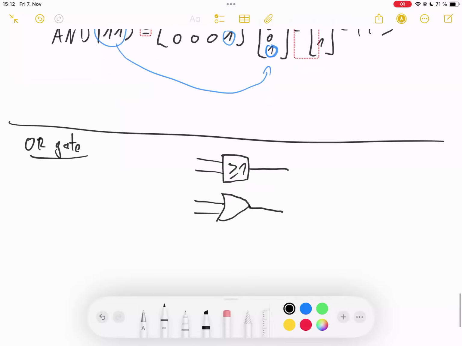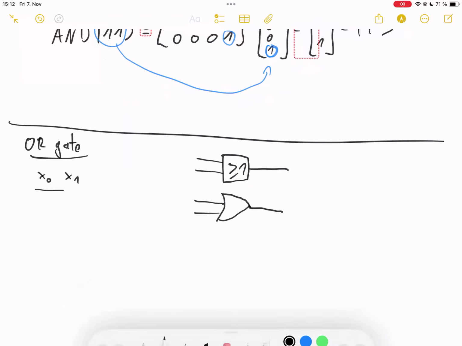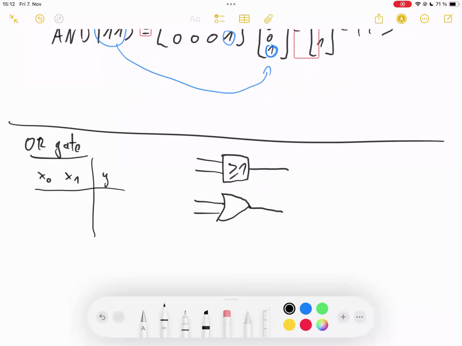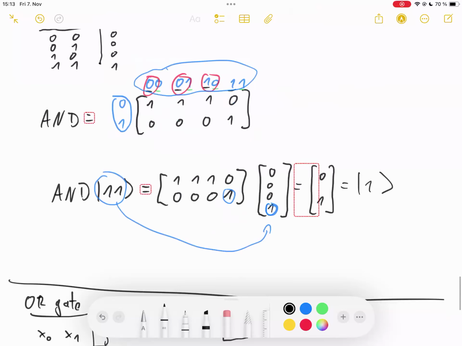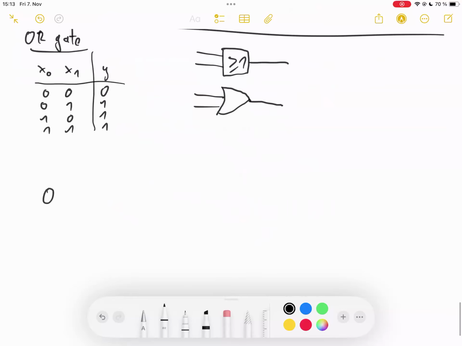And in the OR gate, we'll have again x0, x1, and y: 0, 0, 0, 1, 1, 0, 1, 1. Then the result is 1 if at least one entry is 1. But if both inputs are 0, the output will be 0. And we can represent the OR gate also as a matrix.